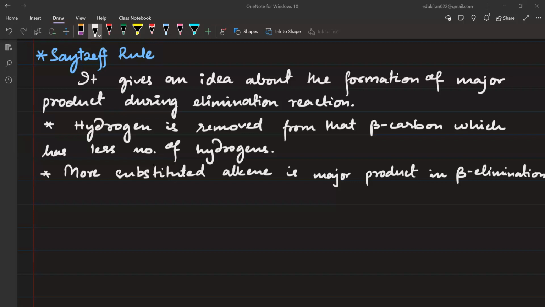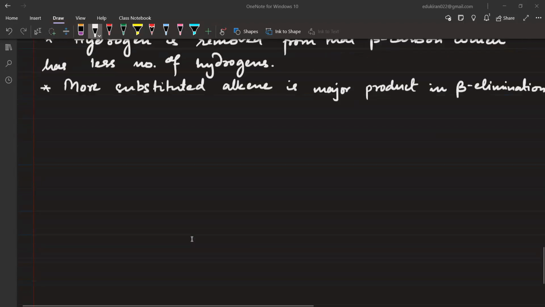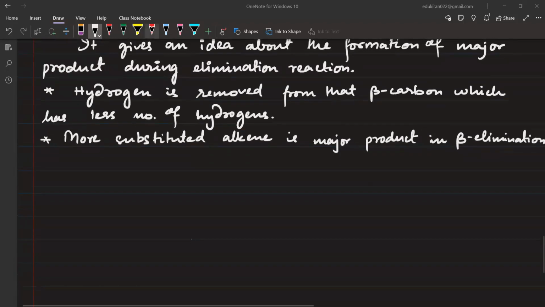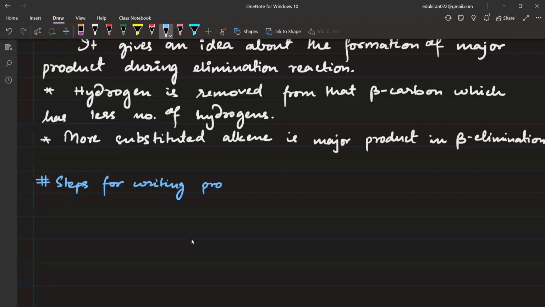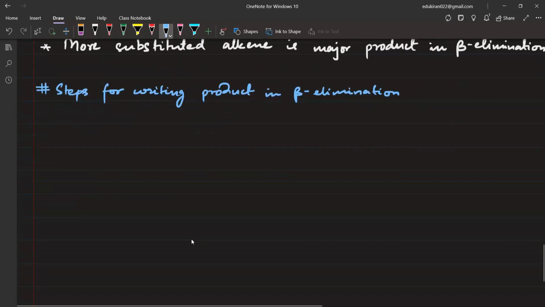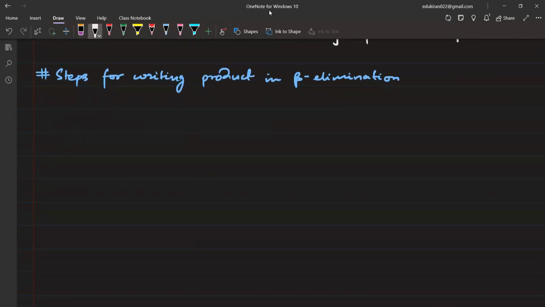More substituted alkene is the major product in beta elimination. ठीक है. And थोड़ा मैं यहाँ पे आपको steps बता दे रहे to write the product in beta elimination. ठीक है. What you have to do. So what you need to do is you need to follow these steps while you are writing.